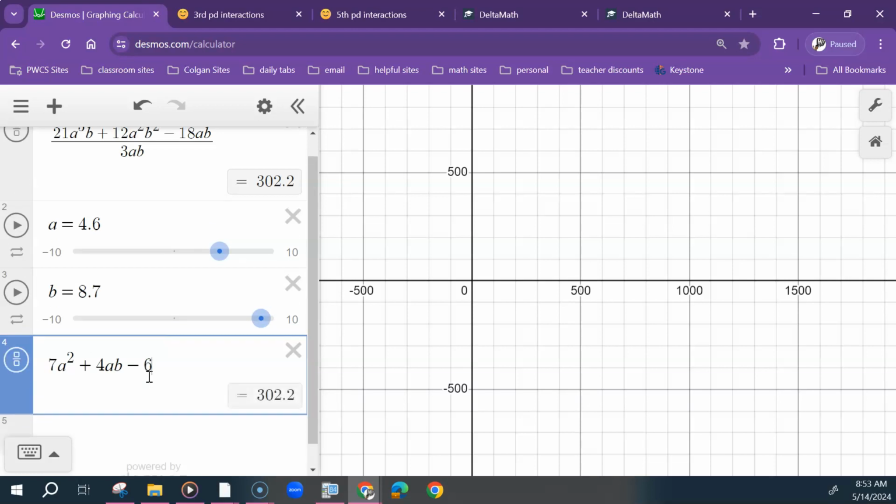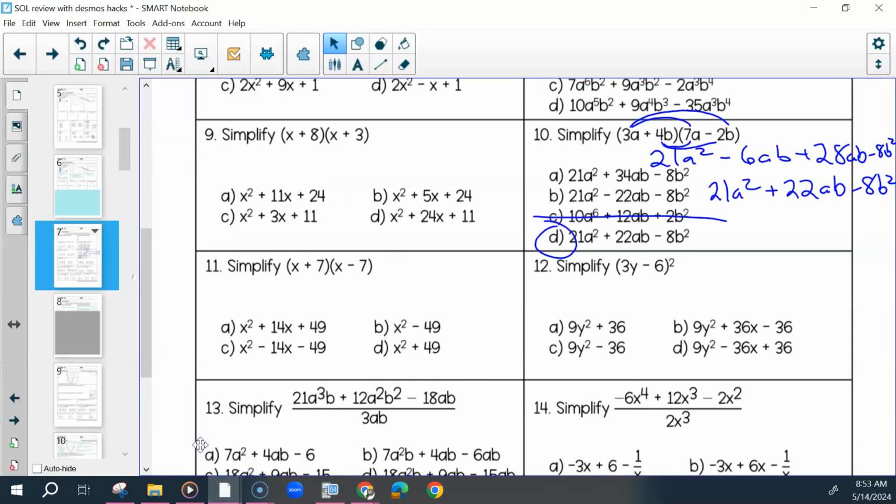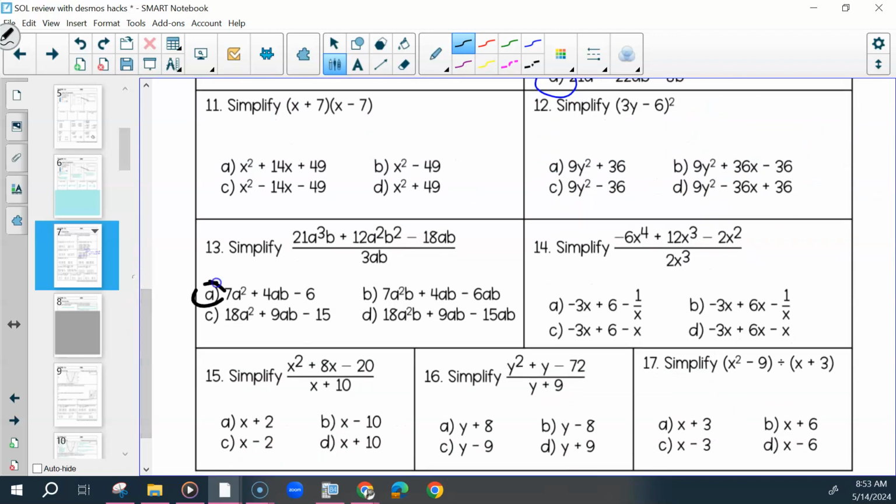So when I put in A, they happen to match, so I don't need to check any of the others because it would be A.